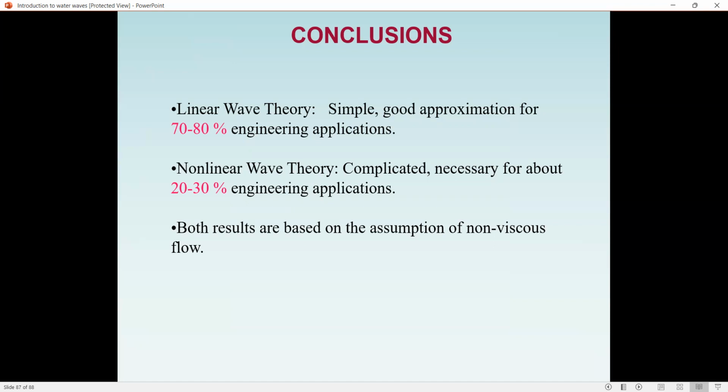This is very good for many engineering problems. The most difficult part is getting the solution for nonlinear wave theory, particularly higher order wave theory. It is sometimes very difficult to find a solution for the second and higher order wave theories, and that makes it more complex.